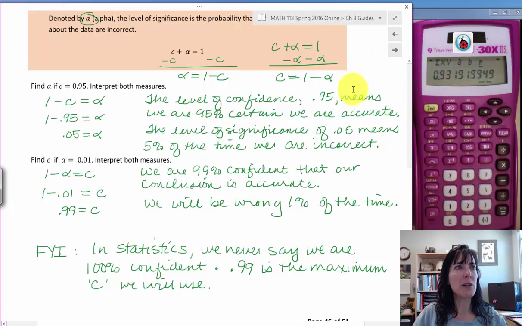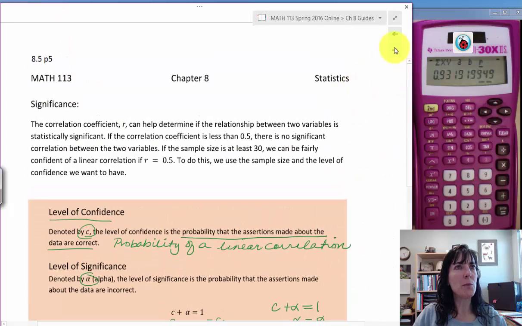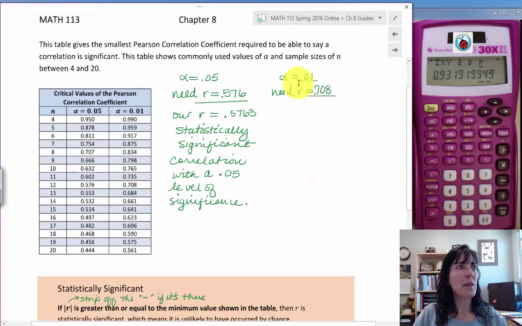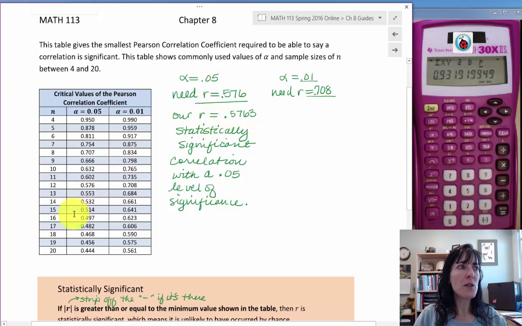So it's up at the top of this page. There we go. So I had 20 in my sample, and it looks like at either significance level, this one is significant because 0.444 and 0.561, our 0.9319 is much higher.